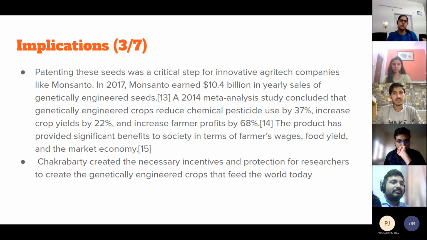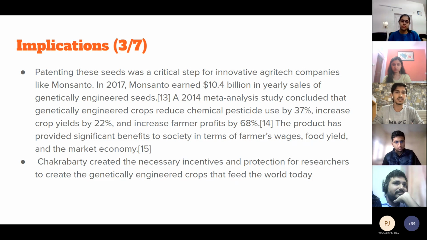After the patenting of seeds by various agri-tech companies, it was observed that Monsanto itself in 2017 earned yearly sales of $10.4 billion. A study done in 2014 also showed that genetically engineered crops reduce the use of chemical pesticide by 37% and increase farmers' profit by 68%, which is huge.